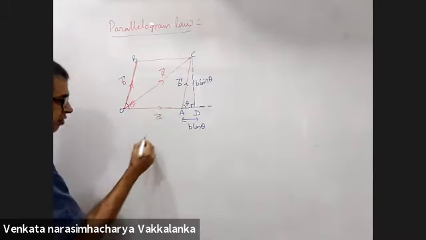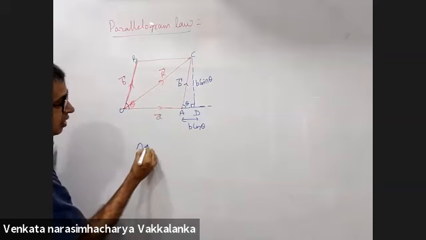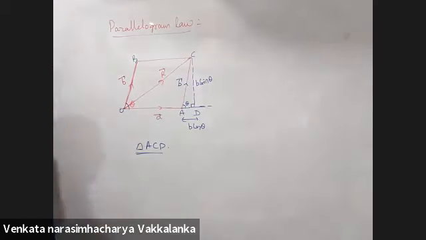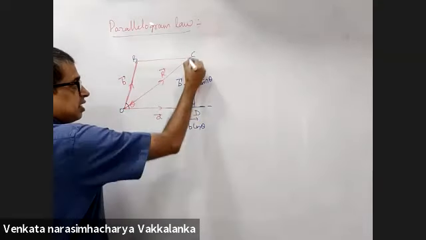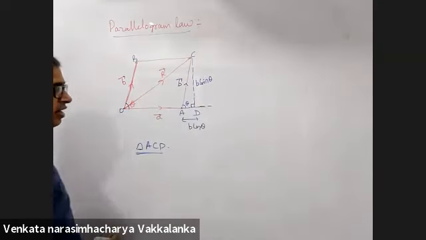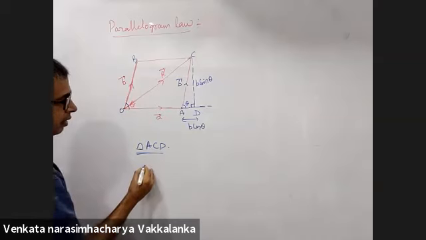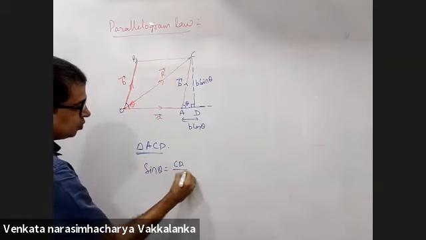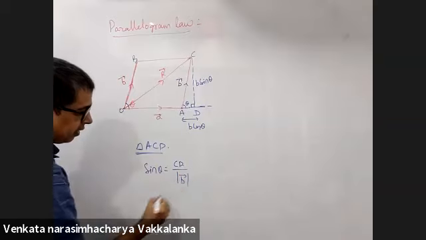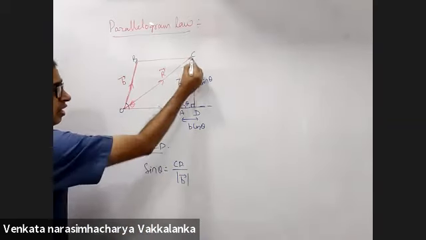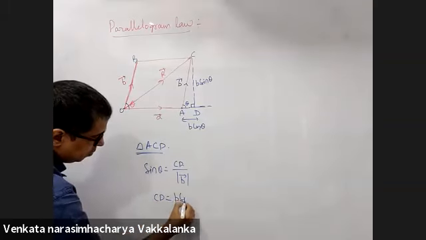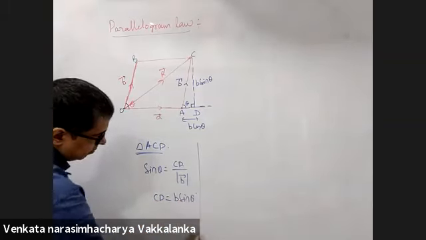Suppose you are not comfortable with that, consider the triangle ACD. Sin theta is equal to CD by B, so CD is B sin theta.